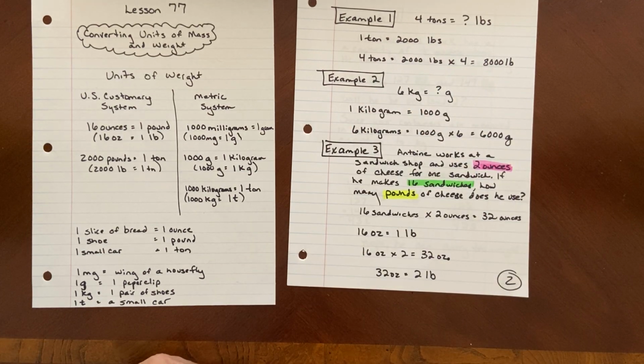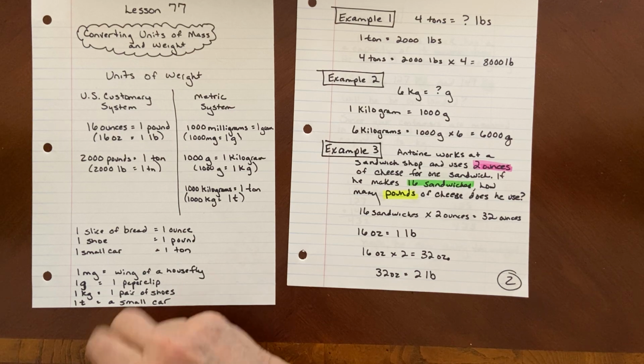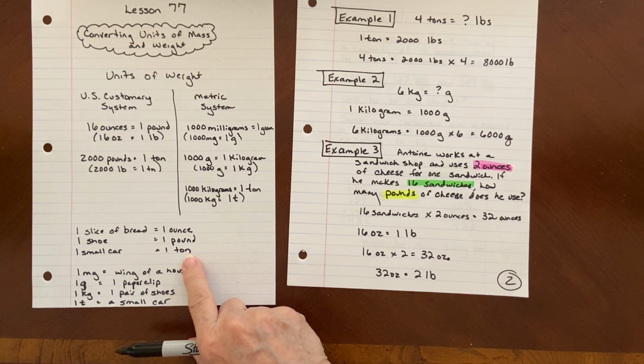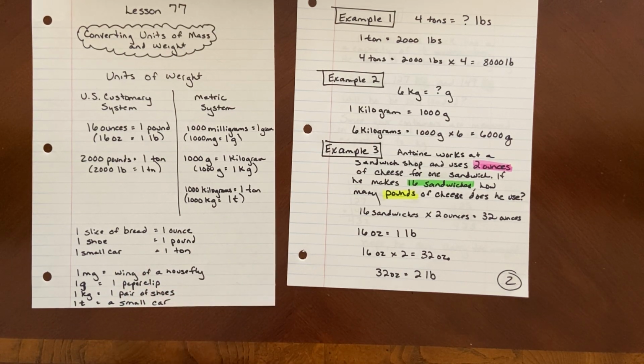So the elephant weighs about 8,000 pounds. Wow. Isn't that crazy? Think about the small car weighs 1 ton, and the elephant weighs 4 of those. That's crazy.